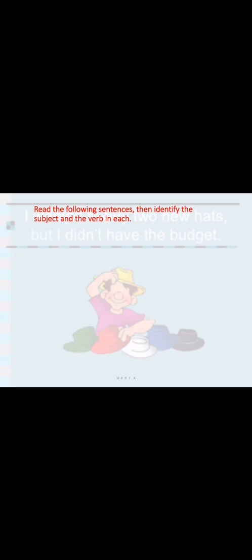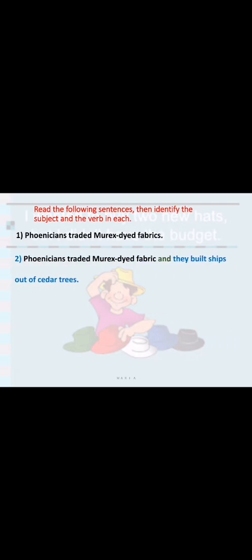Three. Read the following sentences, then identify the subject and the verb in each. One. Phoenicians traded murex-dyed fabrics. Two. Phoenicians traded murex-dyed fabric and they built ships out of cedar trees.